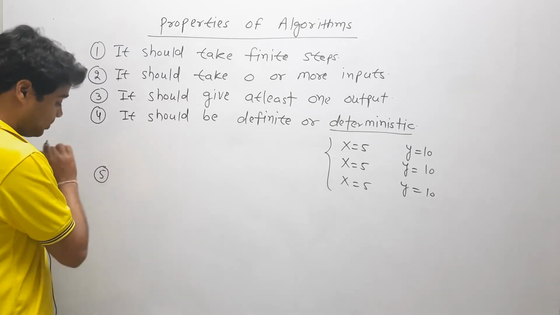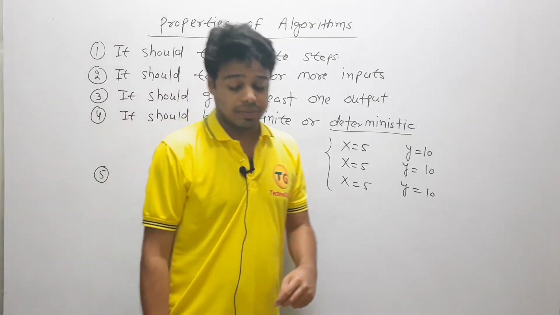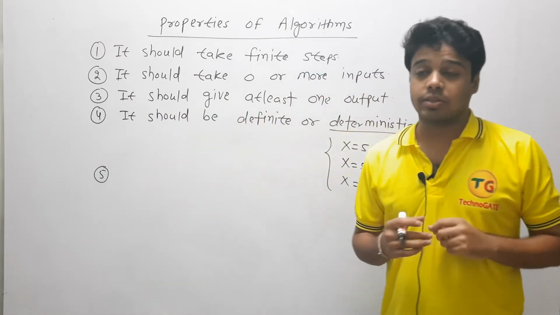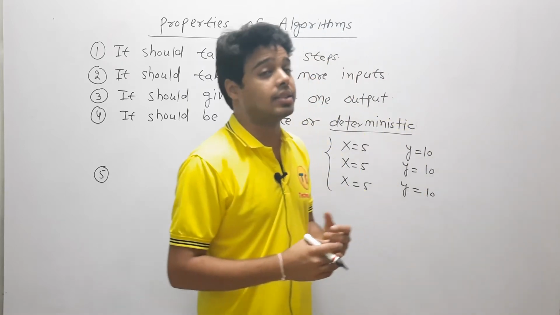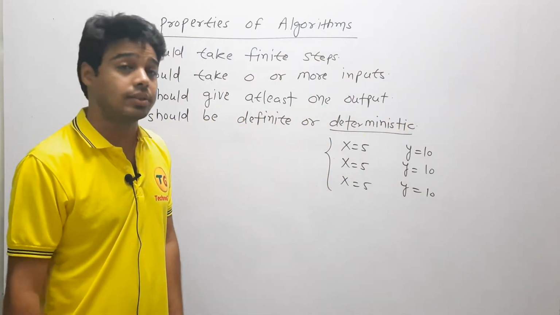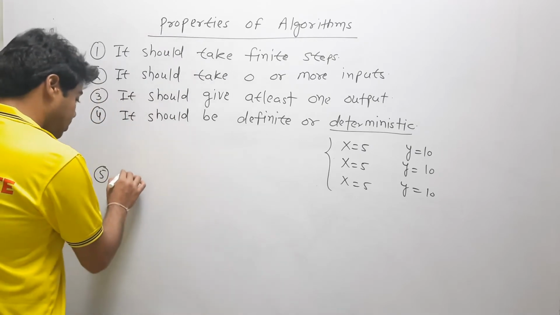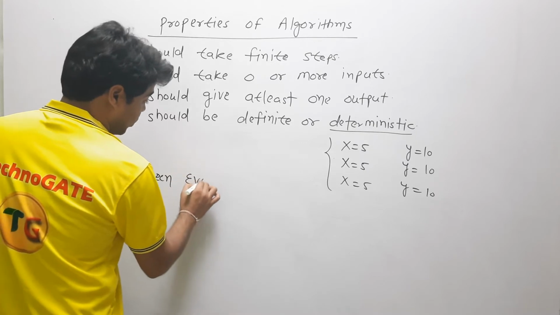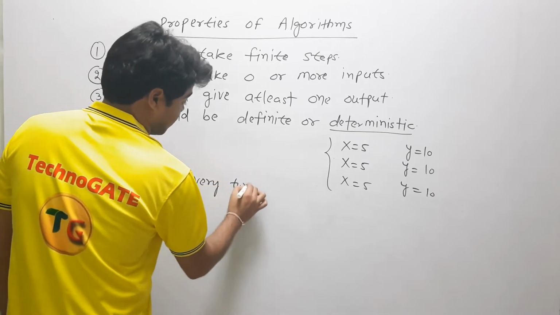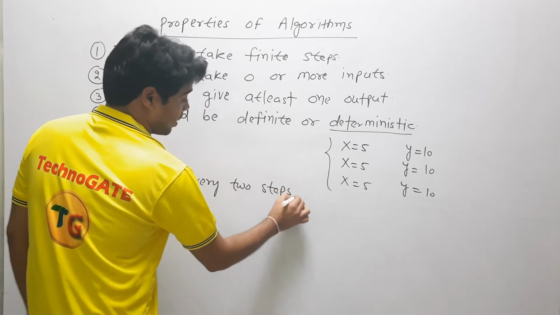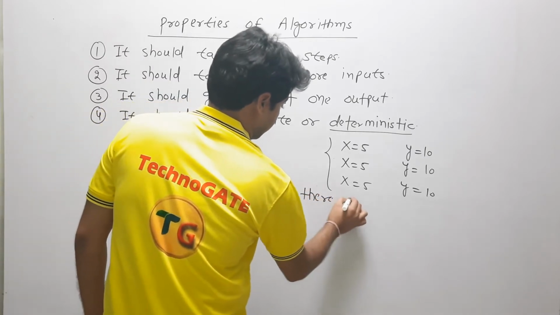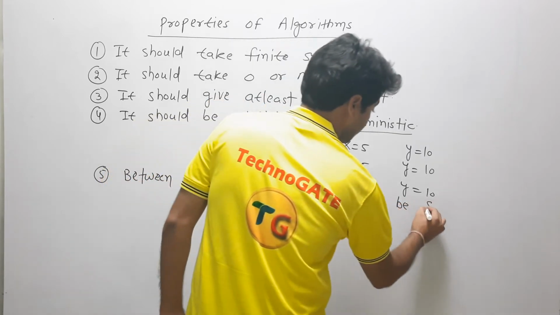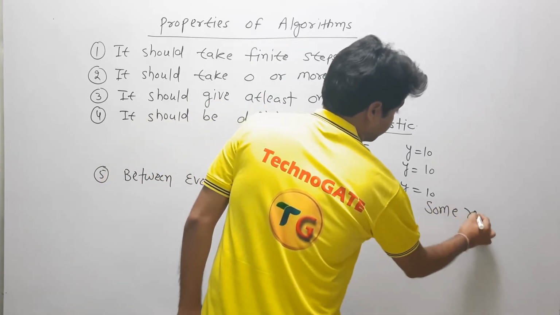And the fifth one is, for every two steps, there must be some relation. If the relation does not exist, then the algorithm may stop somewhere without producing the output here. So the main thing is, between every two steps, there should be some relation.